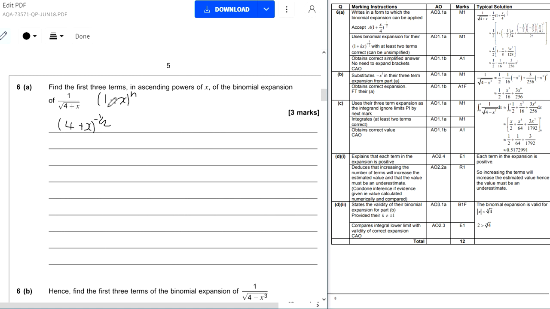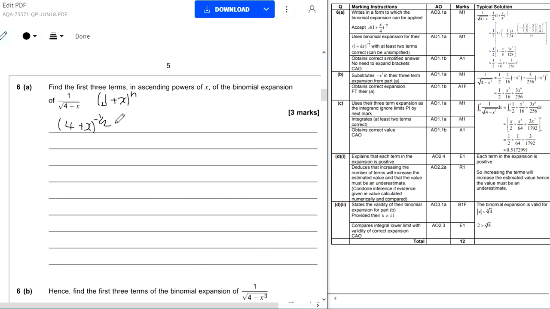But the biggest problem here is that 1. We have a 4 here. So in order to get that 1, we've got to kind of divide by 4. But you can't just straight away divide by 4 because you've got that power there. So the way I like to imagine it is, instead of dividing, you're timesing by a quarter.